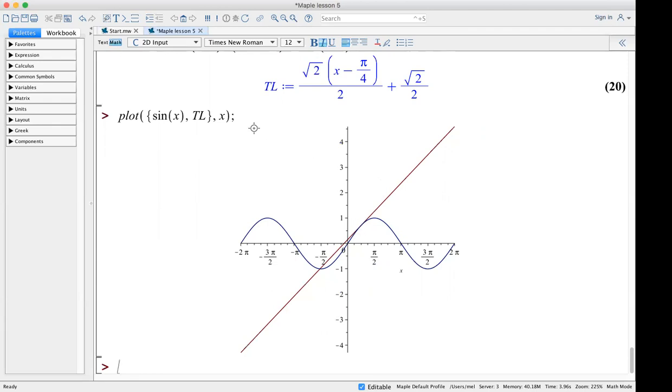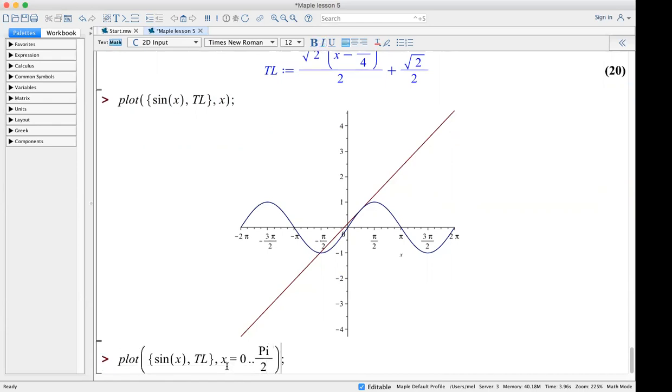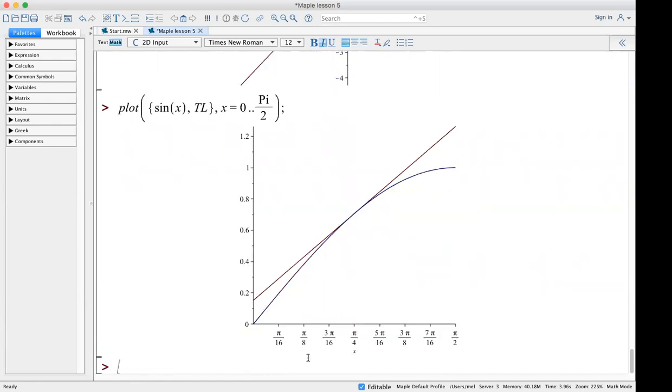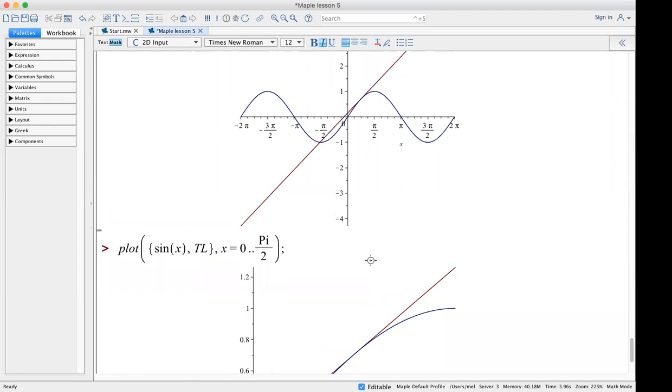If we blow this up a little bit, suppose I plot this from x equals 0 to pi over 2. Yeah. So here you see at pi over 4 how nicely this red tangent line is tangent to the blue sine function. Okay, so that is our lesson.